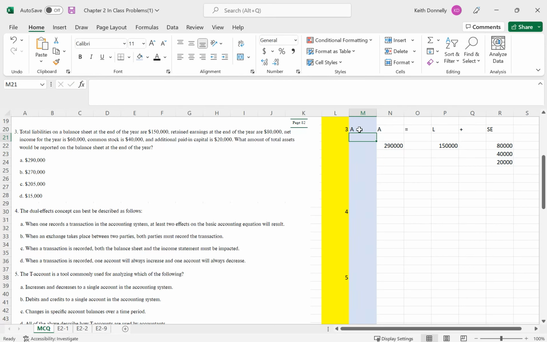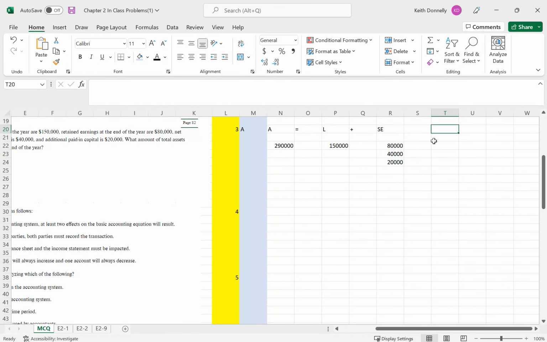A in this case. Now, one of the things here we didn't use, right, is this net income, the $60,000. Now, why didn't we use that? 2 reasons, right? Net income is on the income statement, and 2, net income is already a part of retained earnings. In other words, this $80,000, this retained earnings right here, it would be comprised of your beginning retained earnings plus your net income minus your dividends gives you your ending.